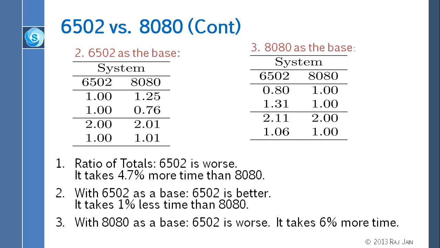Everybody understands what a base is. Whatever goes in the denominator is called the base. So here 6502 is the base. Here 8080 is the base, so that goes in the denominator. We take that number and put it in the denominator, and so on and so forth, right?